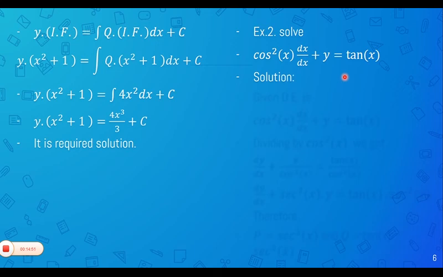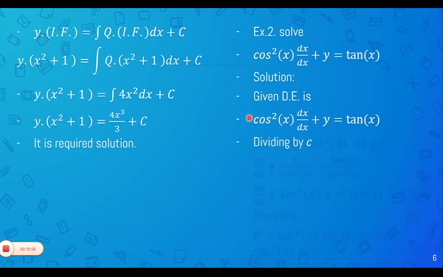As usual, the given differential equation is cos square x dy by dx plus y equal to tan x. The coefficient of dy by dx is not 1, it is cos square x. To get the coefficient 1, dividing both sides by cos square x, we get dy by dx plus y upon cos square x is equal to tan x upon cos square x.